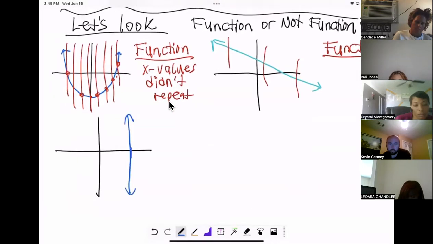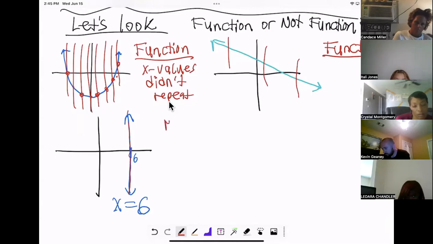And let's say this is at 6. The equation of that line would be x is equal to 6. Remember way back a couple times ago, I said anything that has x equals is not a function, right? That's because it makes a vertical line. And if I do the vertical line test, I'm going to touch the graph at every single point. So a vertical line is never a function.